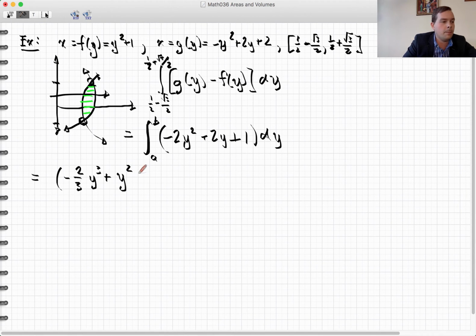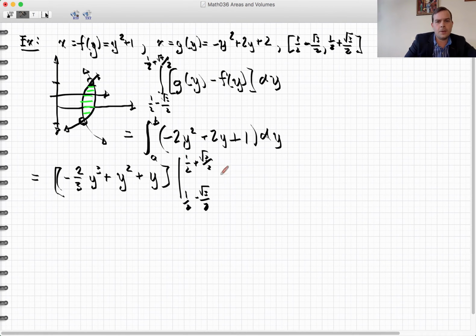And then we're going to have a plus y term. And we evaluate this at the limits 1/2 minus square root 3 over 2 and 1/2 plus square root 3 over 2.